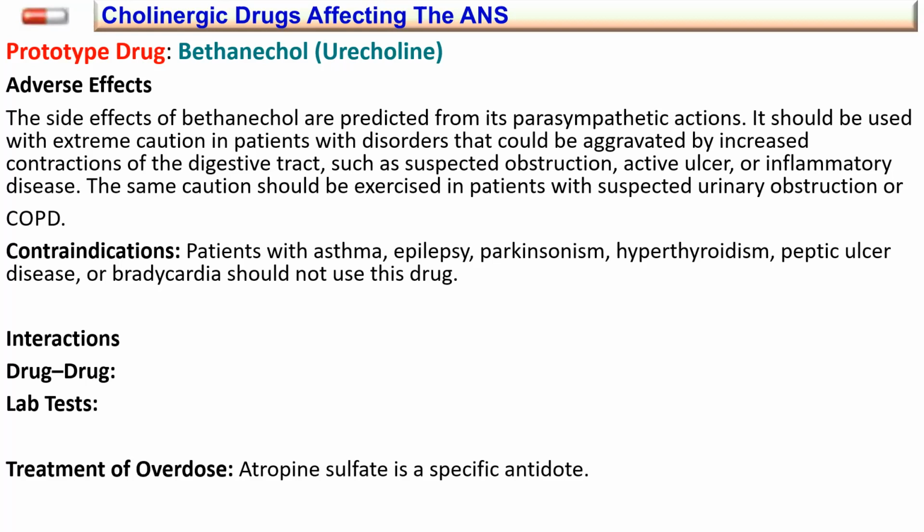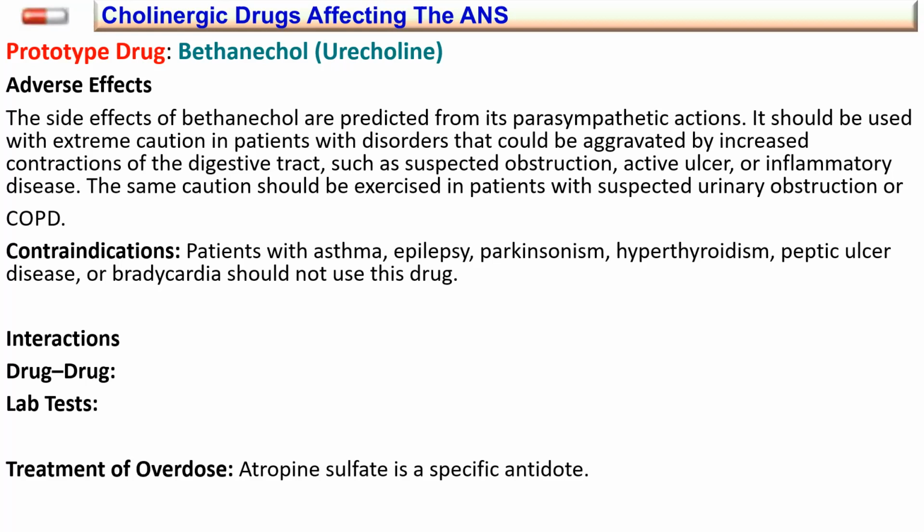The drug-drug interactions include increased cholinergic effects from cholinesterase inhibitors, and decreased cholinergic effects from medications like procainamide, a cardiac medication, quinidine, another cardiac medication, atropine, and epinephrine.